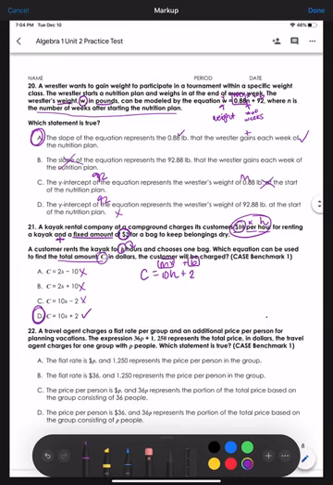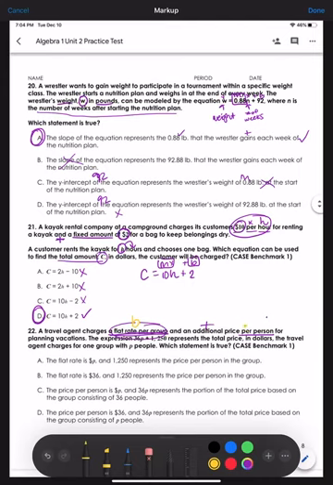Next one. A travel agent charges a flat rate per group and an additional price per person. So I hope you're getting a feel here for these types of situations. These are all linear equations because there's one flat rate, which is your intercept, b, and then there's a price or an amount per something, which is your slope, because you're multiplying something.